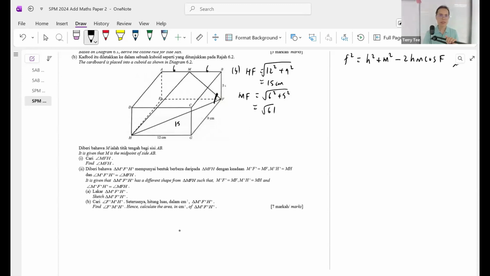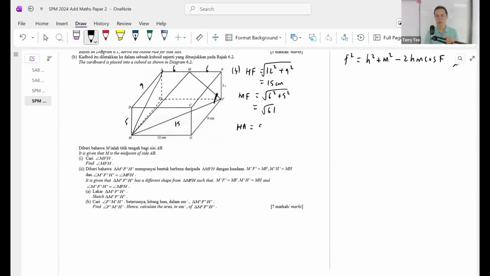Now, as for the other side, I know this is 9. I know this is 5. I need to find AH or HA. Okay, find HA first. Very hard. This length, HA or AH.